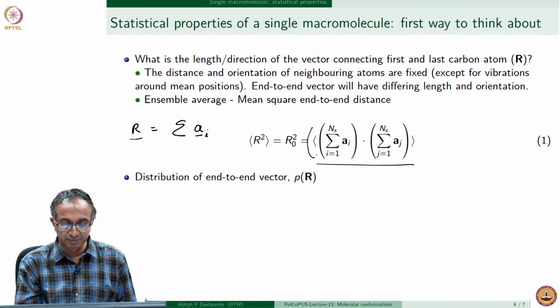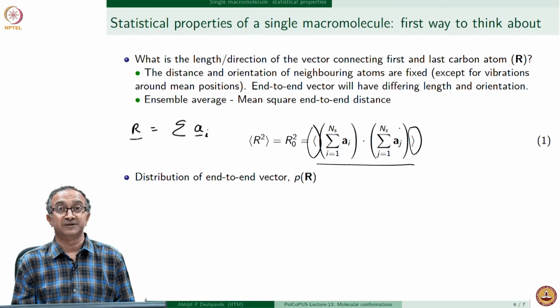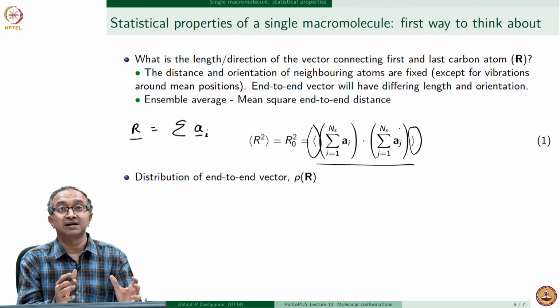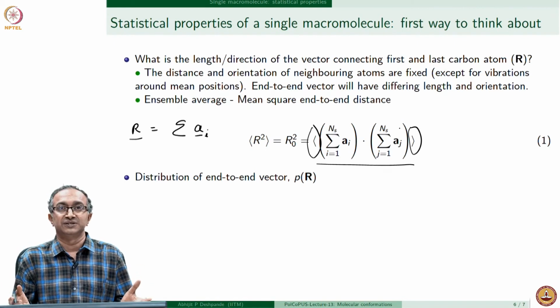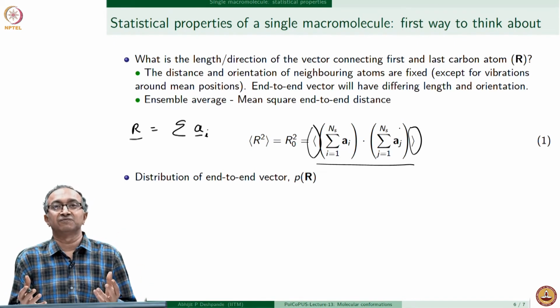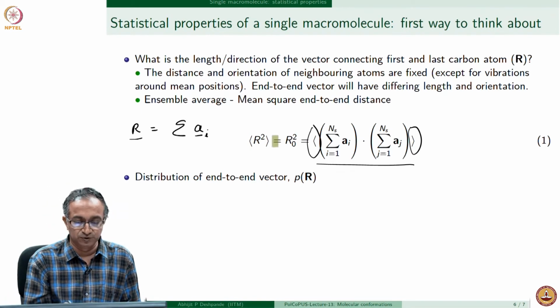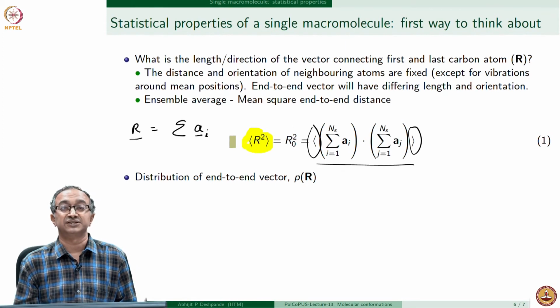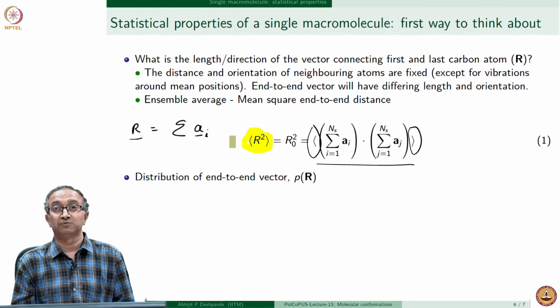And these brackets here we will use in the course many times. This indicates an ensemble average. If I take a bulk sample of polymer, there are 10 to the power 23 macromolecules in it, each of them having different conformations. So when I pose the question as to what is the average end-to-end distance between the two ends of macromolecules, I need to do an ensemble average.